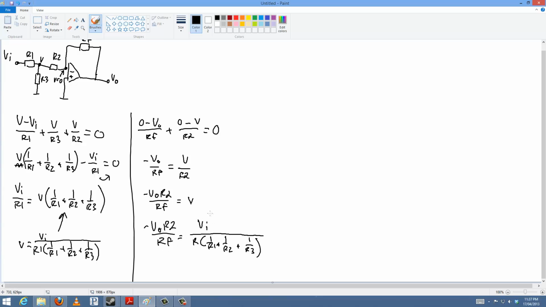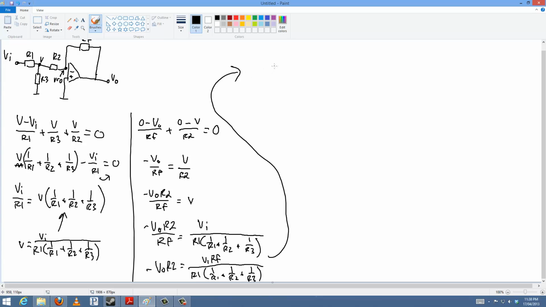Multiply, I get RF onto the other side, and then divide by VI. So do it step by step. Minus VO R2 equals VI RF on R1, 1 on R1 plus 1 on R2 plus 1 on R3.